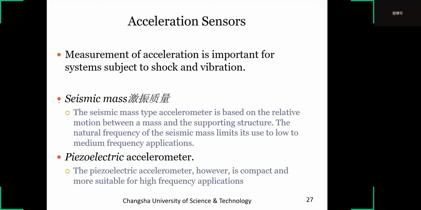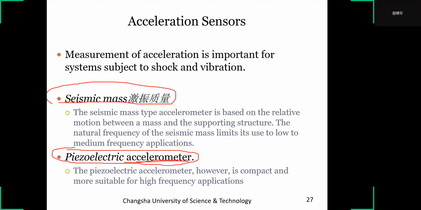Seismic mass and the piezoelectrical accelerometer. The seismic mass type accelerometer is based on the relative motion between a mass and a supporting structure.